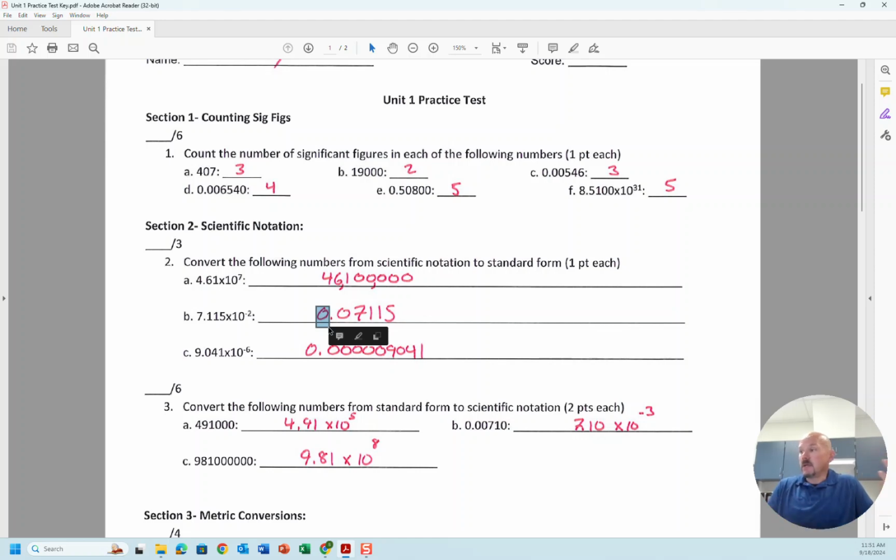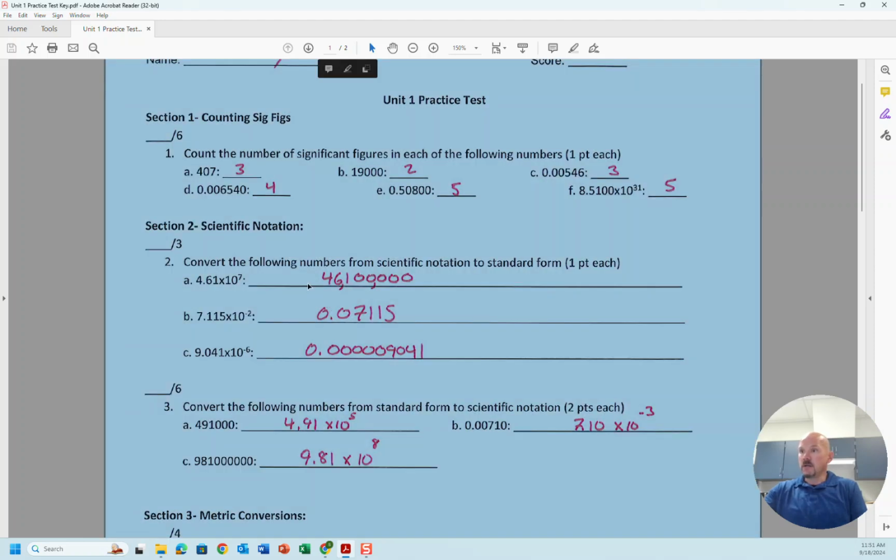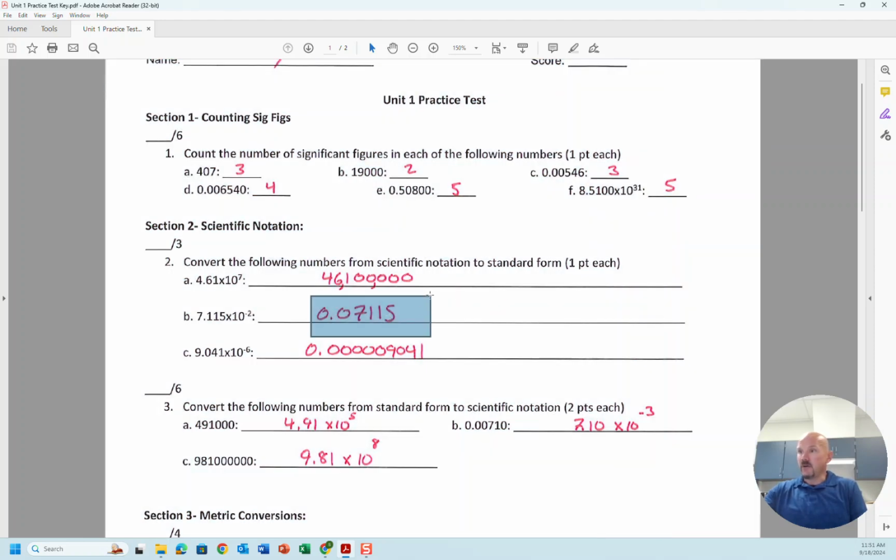It's a leading 0, and leading zeros are never significant. So this number in standard notation still has 4 sig digs, just like our number started with 4 sig digs. And then here, we're going to take our decimal point and move it to the left 6 times. So we were here 1, 2, 3, 4, 5, 6. So that's our new number.